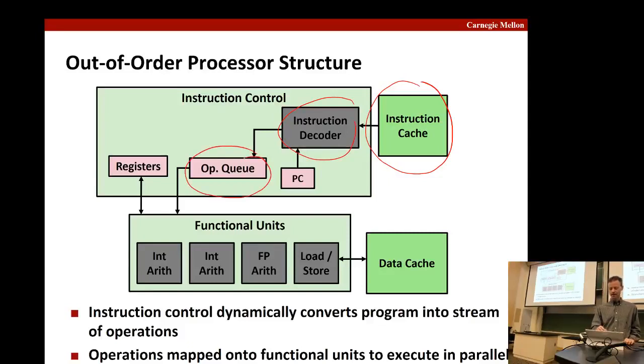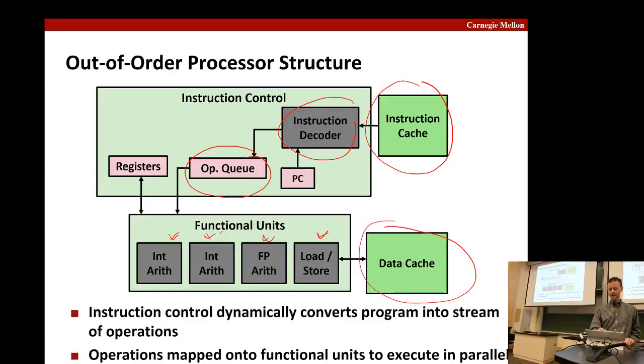And this queue is fed into these function units as they become available. So in this particular case, we have two integer units, a floating point and a load store unit. The load store unit has access to the data cache. And so the overall performance is improved because potentially you can get all these function units operating in parallel, so maybe get a factor of 4 there.